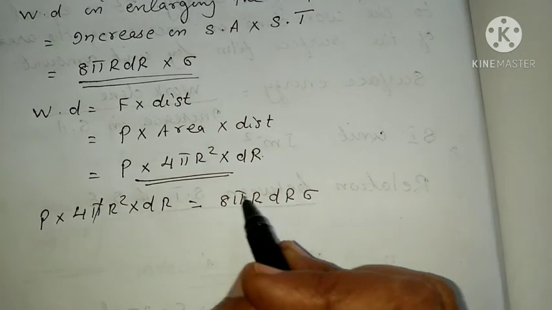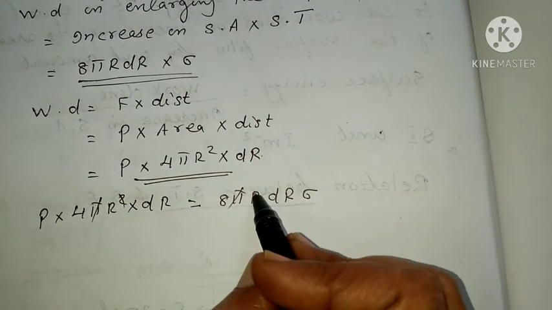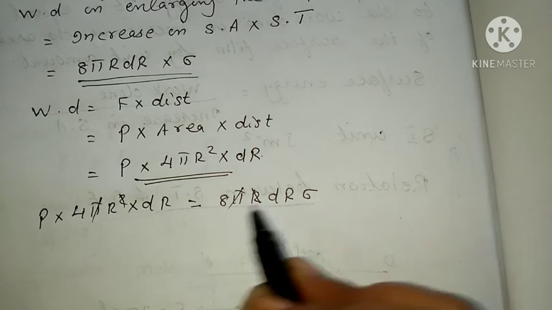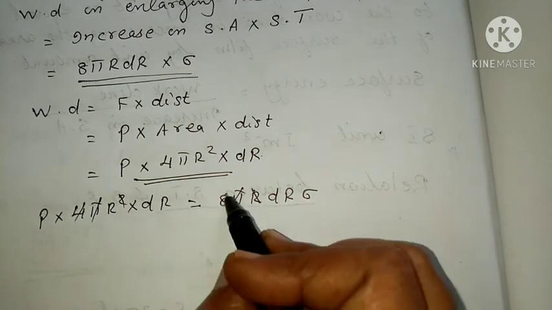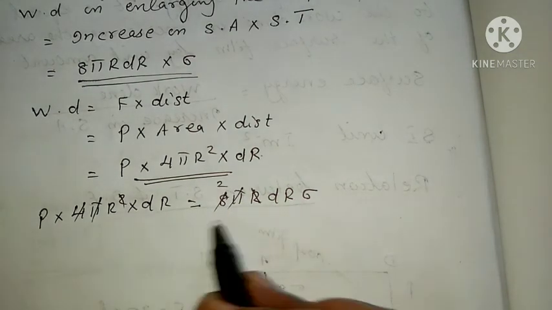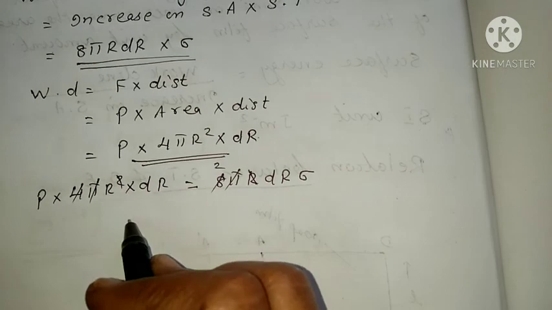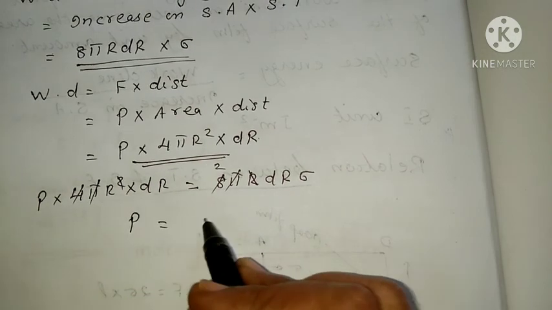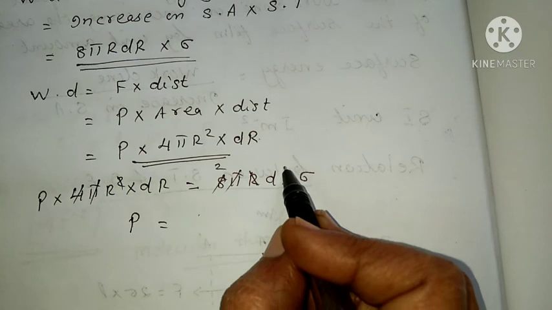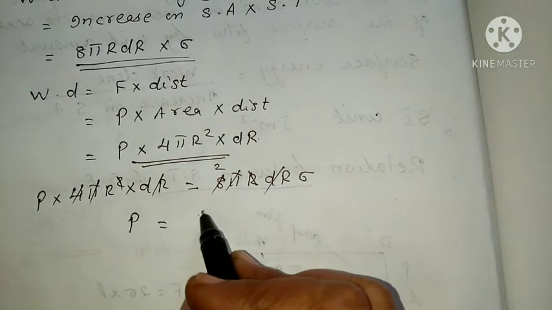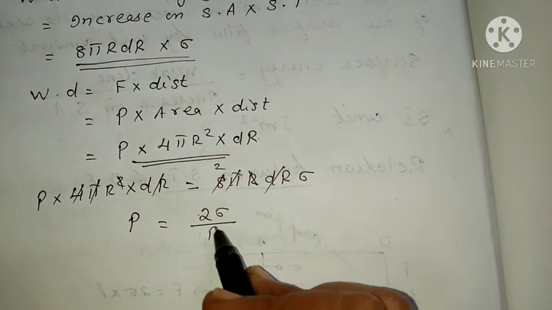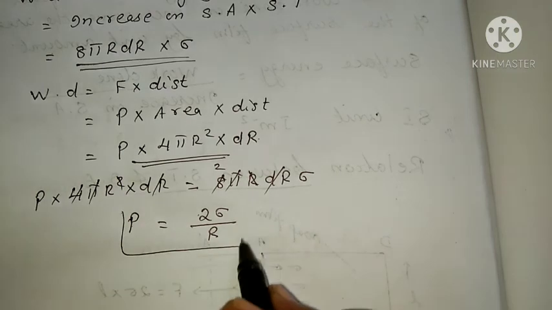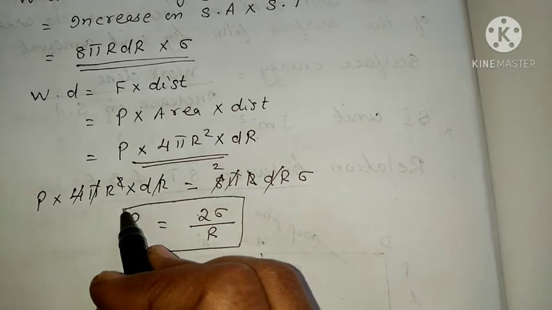We can cancel pi and pi, then r square and this r, then 4 and 8. We can cancel this dr also. So, we get the excess pressure inside the liquid drop, P equal to 2 sigma divided by r.